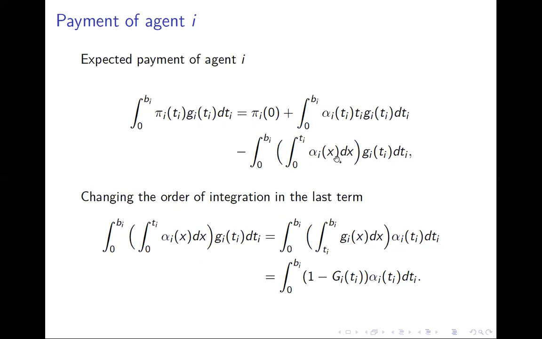Of course, x's limits are from 0 to b_i, because all possible values of x are possible. But for every x, the outer integral t_i is valid from t_i to b_i. That's why the inner integral limits will change from t_i to b_i.